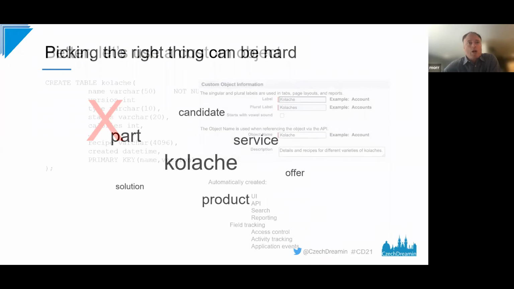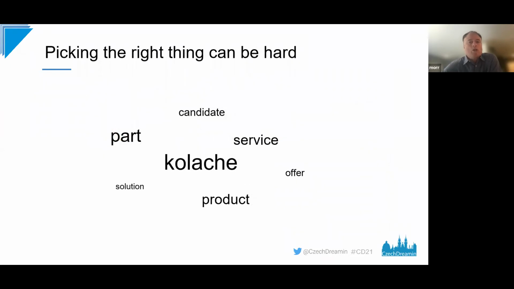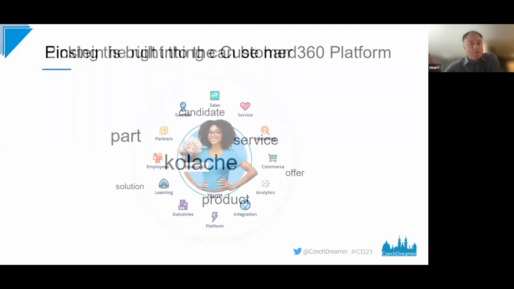Now let's talk about another superpower, one you can give to your users with the Salesforce platform. Picking the right thing can be hard, especially if there's a lot of choices, but you probably have an asset that can help. That is your data or past choices that have been successful. The problem is the user cannot usually tap that directly by themselves.